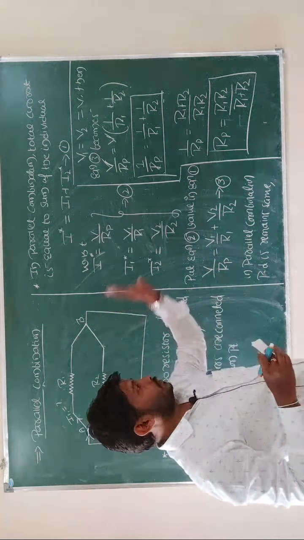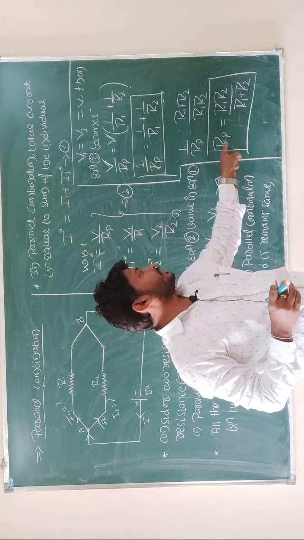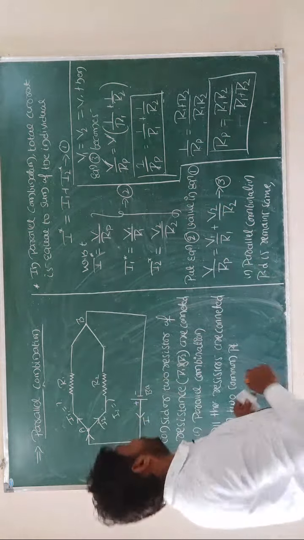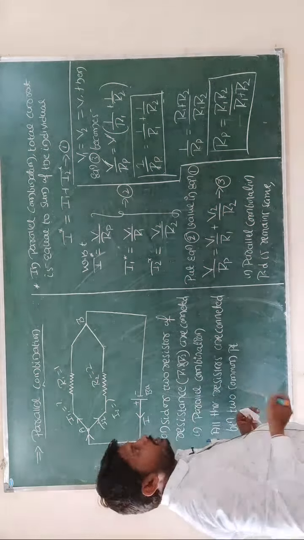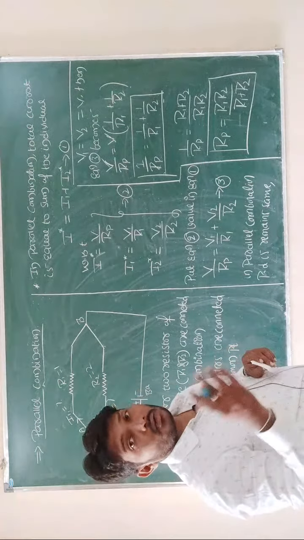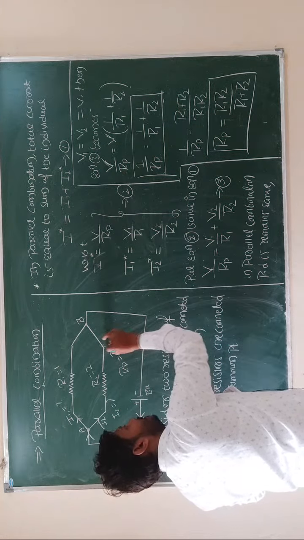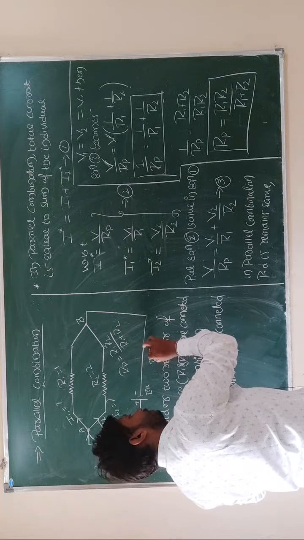Before that, what is the effective resistance? Rp is equal to R1 into R2 divided by R1 plus R2. Let me take R1 as 1 ohm and R2 as 2 ohm. If you connect these two in parallel combination, what about the effective resistance? Rp is equal to R1 into R2 divided by R1 plus R2.